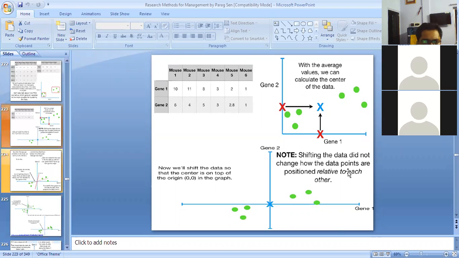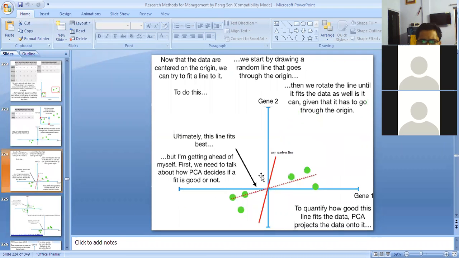So now you are getting this type of thing. Now your intention is to find the best fitted line. I have already expressed the concept of the best fitted line.